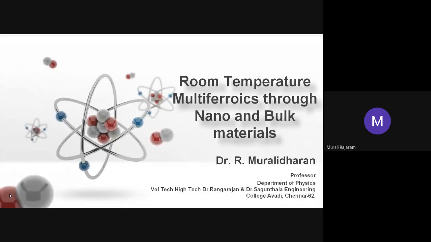I'm going to give a brief introduction about why these multiferroic materials are interesting, what the problem is in getting room temperature multiferroic materials, and how we can get them through nanomaterials and through bulk materials.